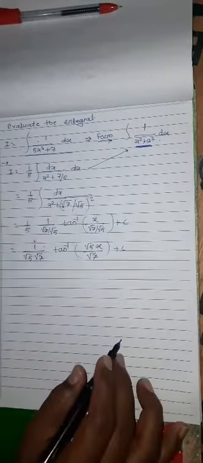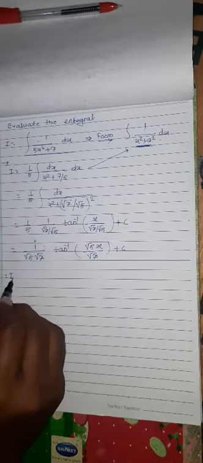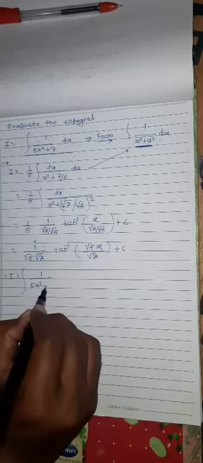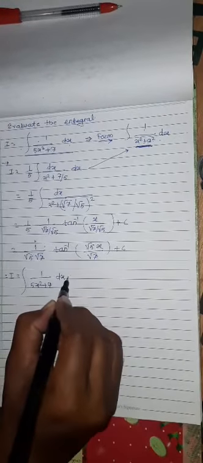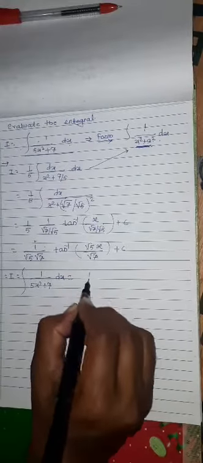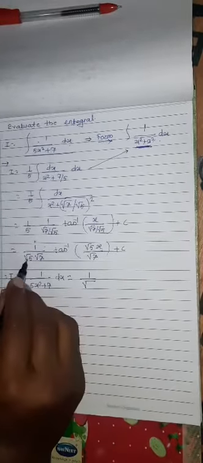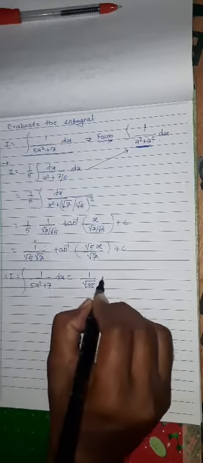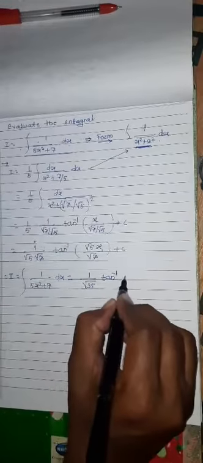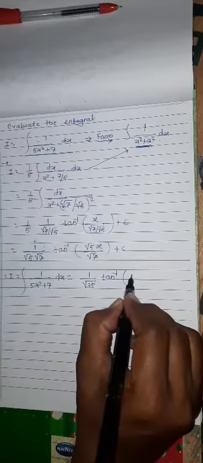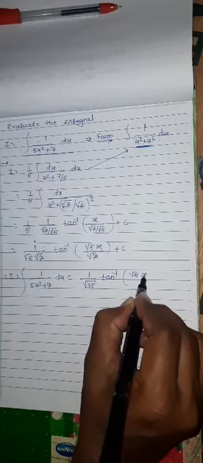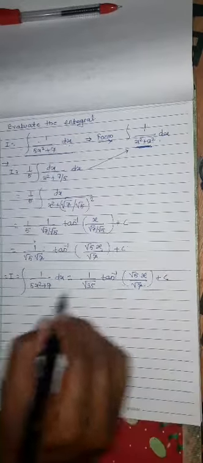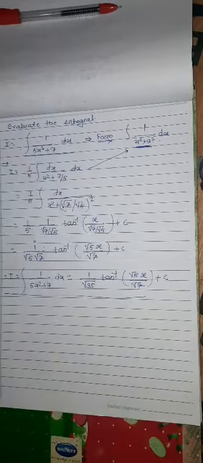Then I, the integration of 1 upon 5x square plus 7 dx, is equal to 1 upon under root of 35 into tan inverse of (under root of 5 into x divided by root of 7) plus constant of integration. This integration is now completed.